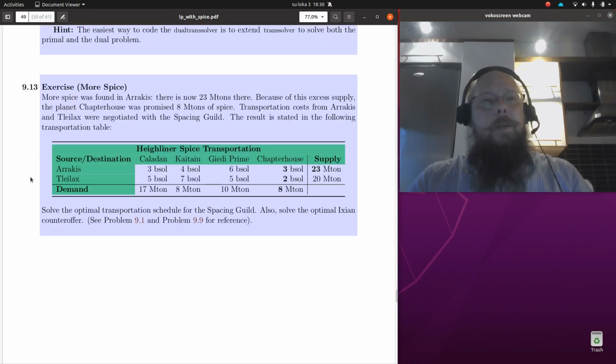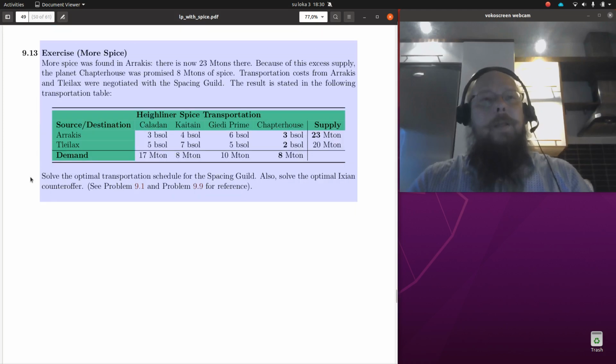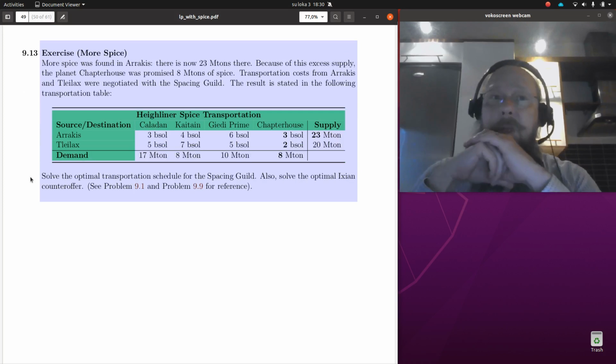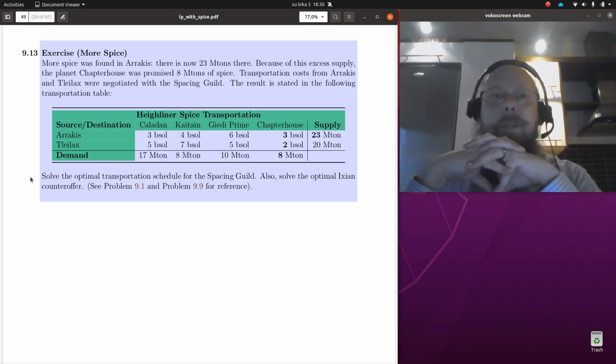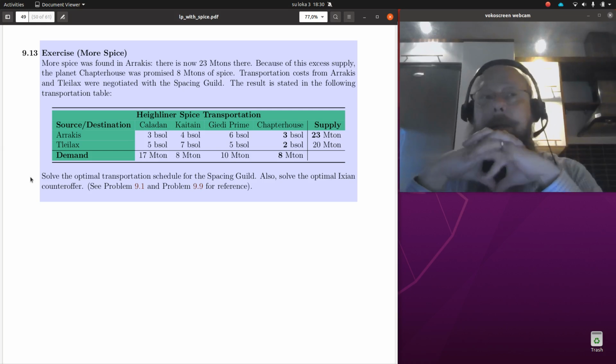And then a final exercise in this chapter 9, 9.13, more spice. This has to do again with the unbalanced situation, but now we're looking at it slightly differently than before.